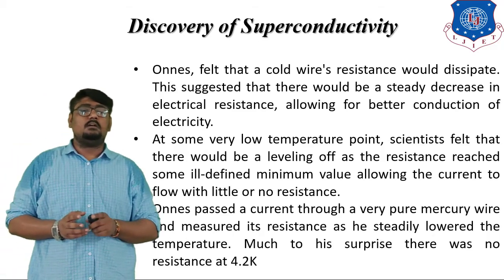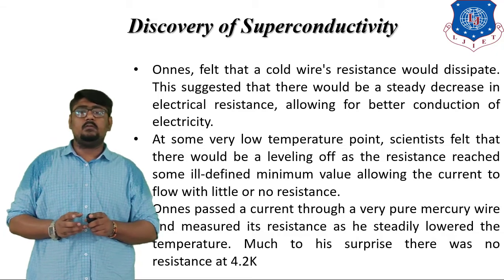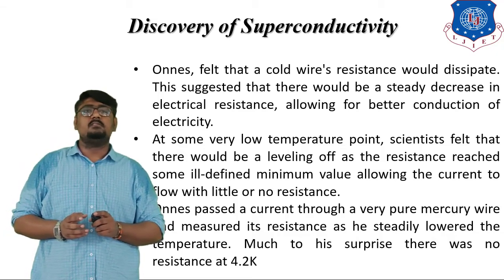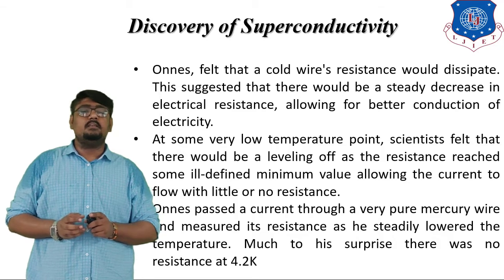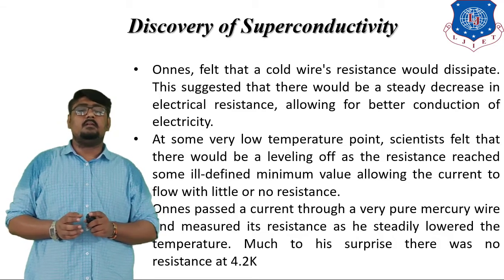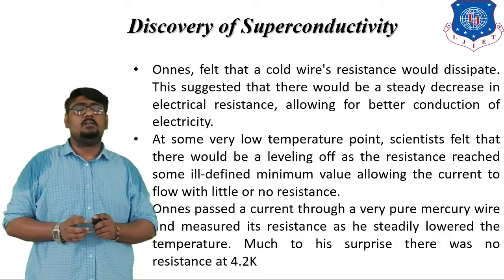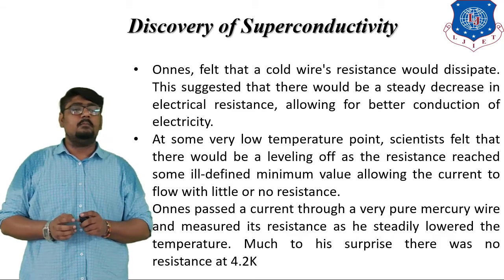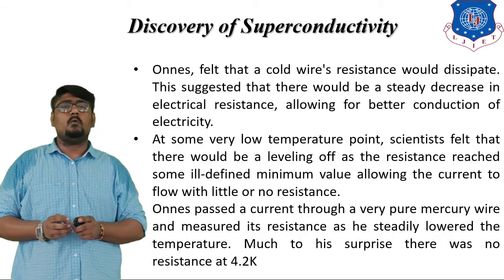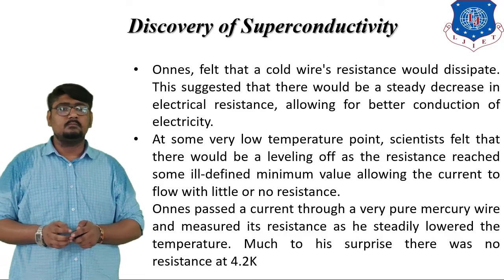Onnes passed a current through a very pure mercury wire and measured its resistance as he steadily lowered the temperature. Much to his surprise, there was no resistance in mercury at 4.2 Kelvin.